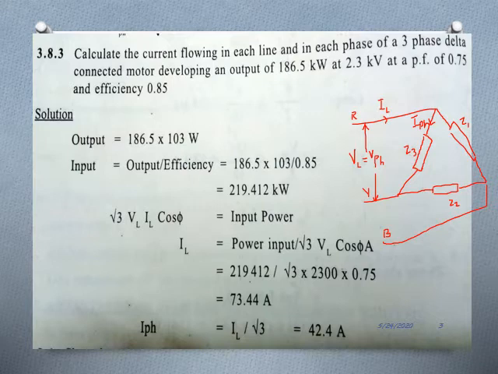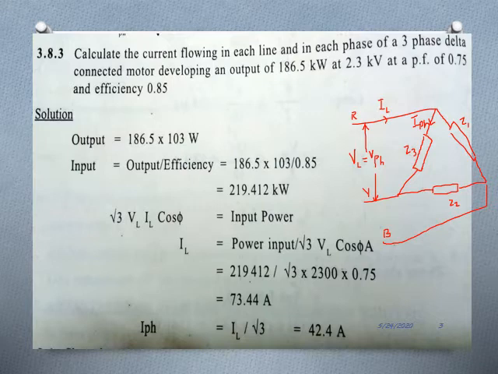So input power will be output power divided by efficiency. So output power is 186.5 into 10 raised to 3 divided by efficiency, which is given in the question as 0.85. So you will get what is the input power. That is 219.412 kilowatt.